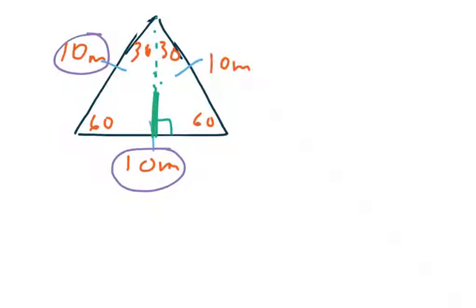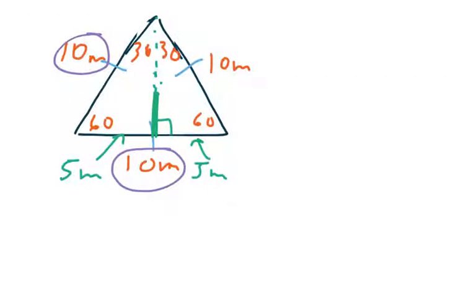Isn't it going to split it in half? So we now know that the base is now split in half and each of these sides is 5 meters. Okay? Again, it's going to split in half, right? Okay. So now notice we know everything about the triangle.